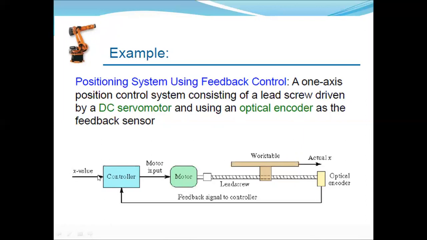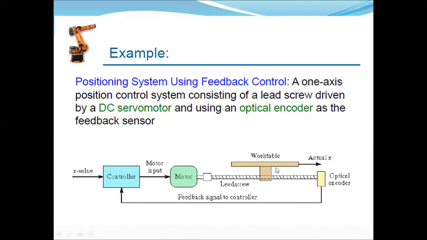So on the basis of the input value, we have to measure the output of the work table with the help of an optical encoder. The optical encoder will read or sense the motion of the lead screw. So this will work as a feedback sensor, and it will sense the output and give it to the controller, right?